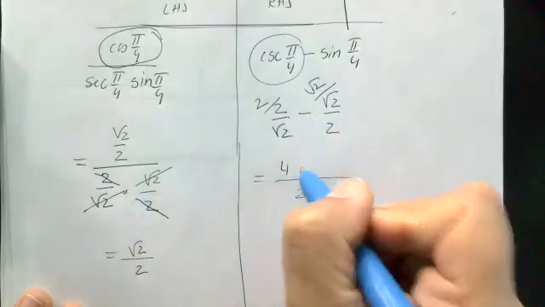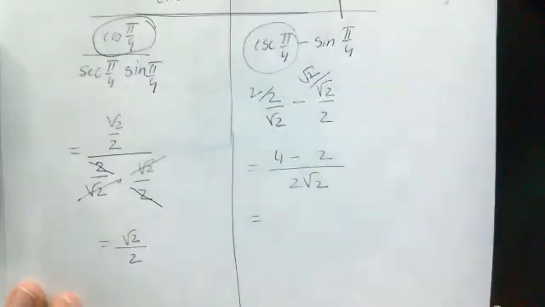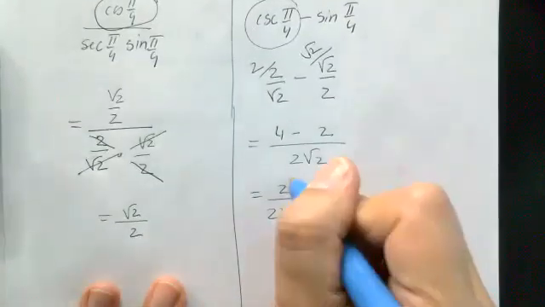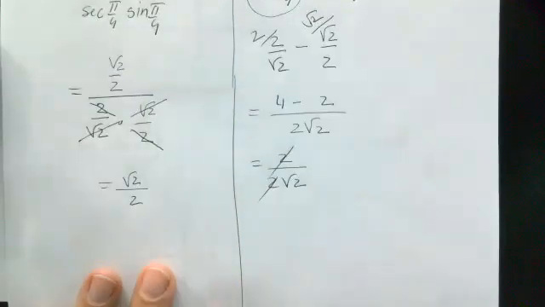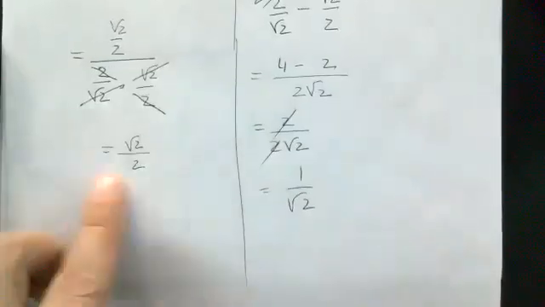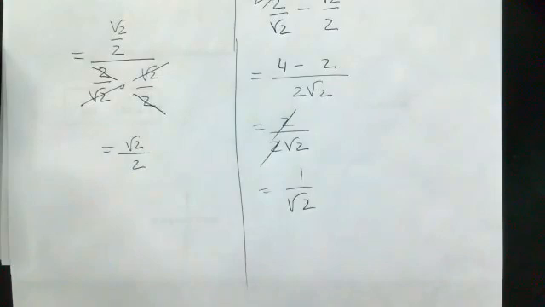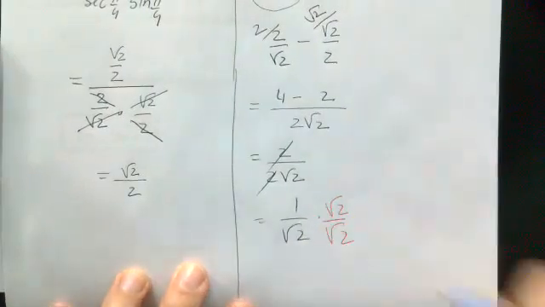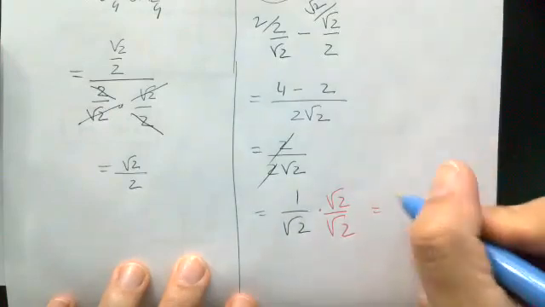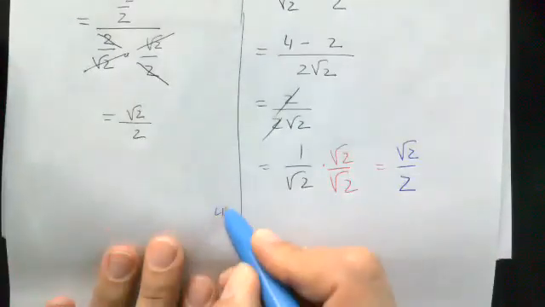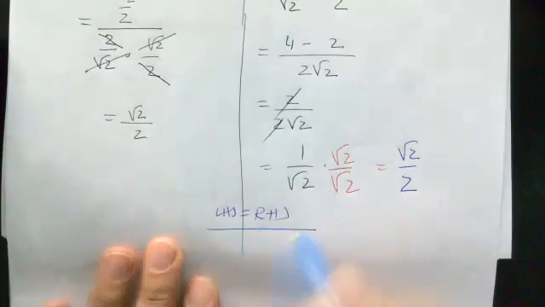So we get 4 minus 2, which is 2 over square root of 2. 2 and 2 cancel out. 1 over square root of 2, which is the same as this one, but we're going to show it by rationalizing. So times square root of 2 over square root of 2. So we get square root of 2 over 2, right? So left-hand side equals right-hand side.